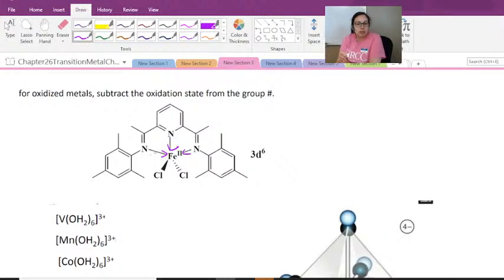The nitrogens are donating 2 electrons each, and that means it's an L-type ligand. So you see I've used that notation again. And this just means neutral. So it's a neutral ligand donating 2 electrons, so we don't have to worry about it when we analyze our oxidation state.